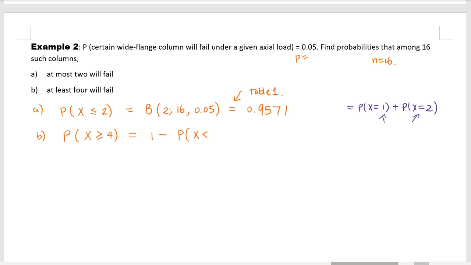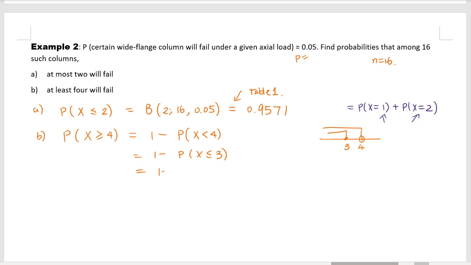So the complement is less than 4. Less than 4 is the same as less than or equal to 3.